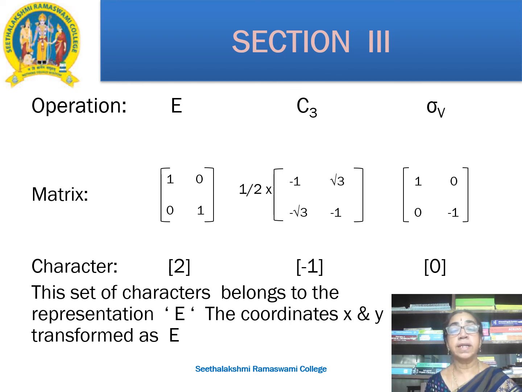For the coordinates X and Y, the transformation matrices with the characters 2, -1, 0 are obtained. This set of characters belongs to the representation E. Thus, the coordinates X and Y transform as E.